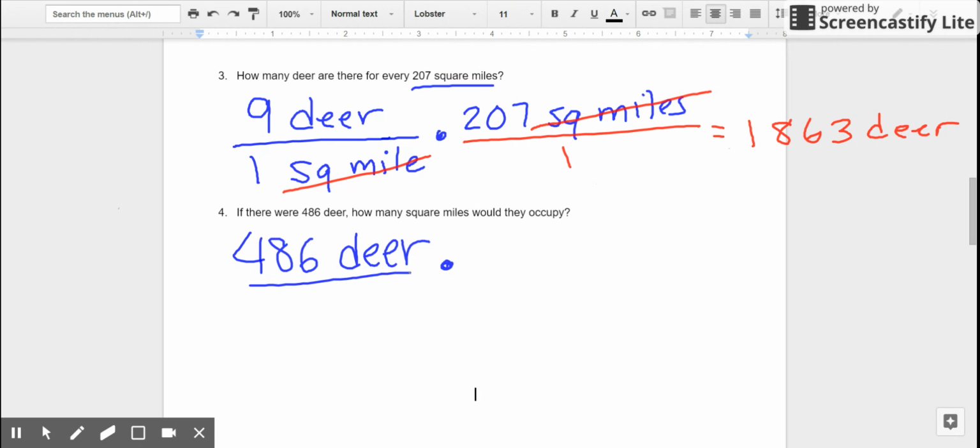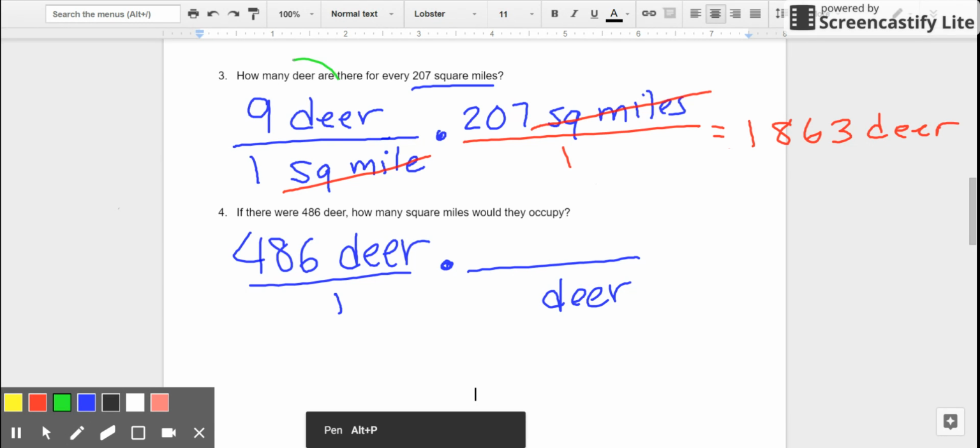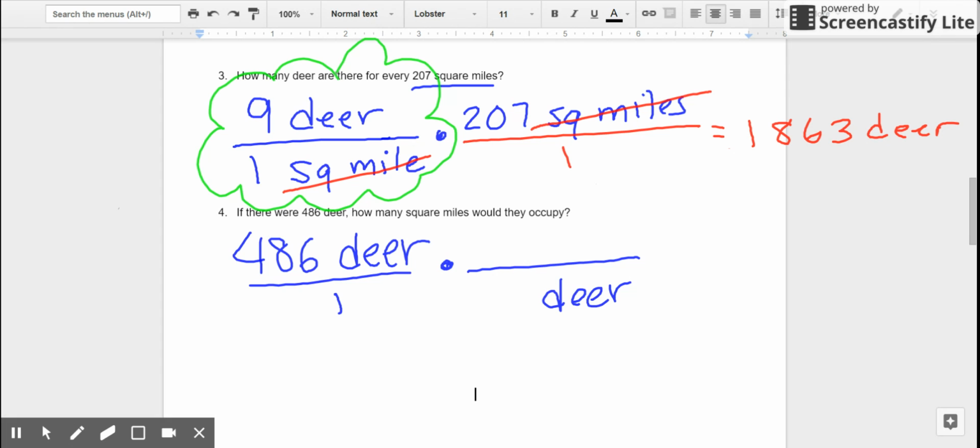So I'm starting with 486 deer, which is the same as 486 over 1. And I'm going to multiply so that deer cancels out. I know that my ratio is going to stay constant the whole time because I'm dealing with a proportional relationship. So 9 deer is going to go in the denominator, and 9 deer occupy 1 square mile.